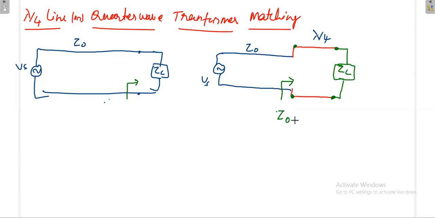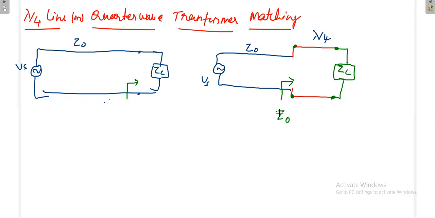Then your energy goes to this section, and this section takes care of transmitting that energy to the load, without reflection.